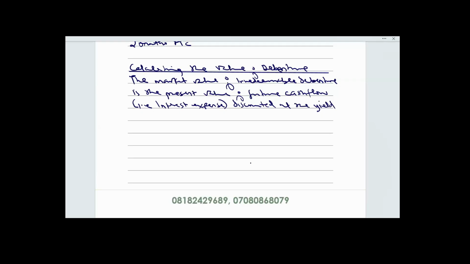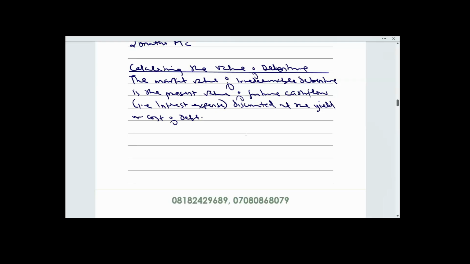The yield is just like a return, discounted at the yield or cost of debt. Okay, so that is the meaning of market value of irredeemable debenture.